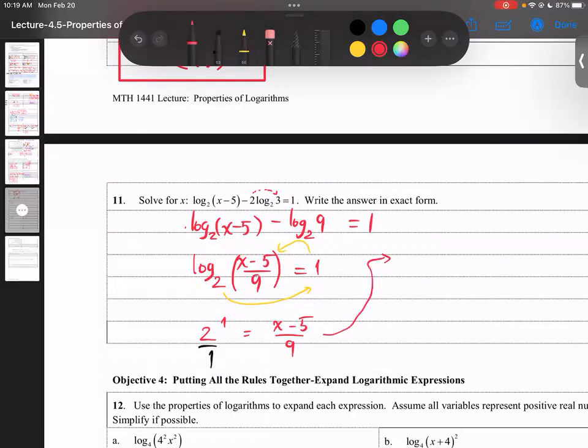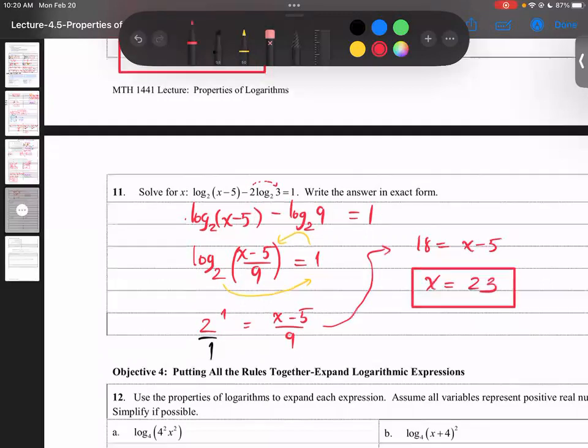So this is 18 equals x minus 5, x equals 23. And you can check this, right? You can check: log base 2 of 23 minus 5 minus log base 2 of 9 is indeed equal to 1.